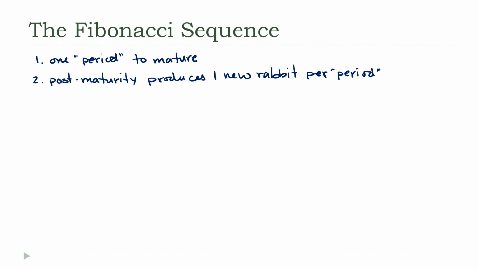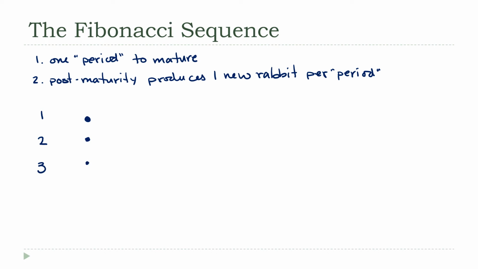Okay, so if we start with a single rabbit, we'll call this period 1. In the next period, we'll still have a single rabbit. That's that first requirement, the period that it takes the rabbit to mature. Now, in the third period, the rabbit will reproduce for the first time.